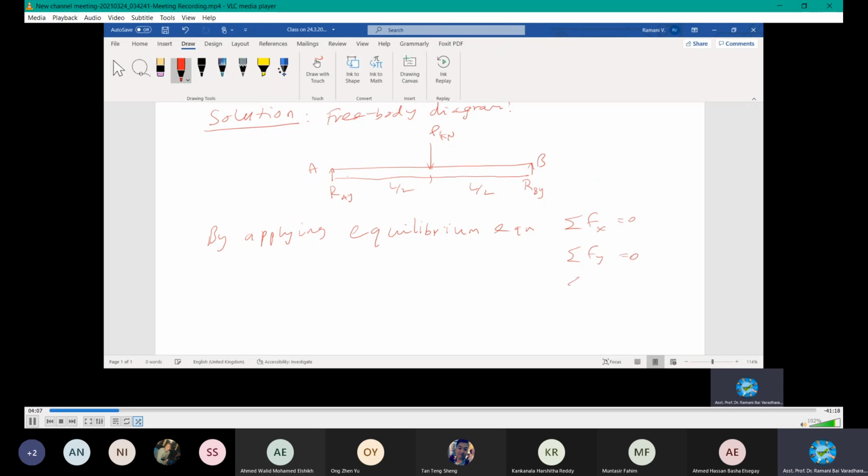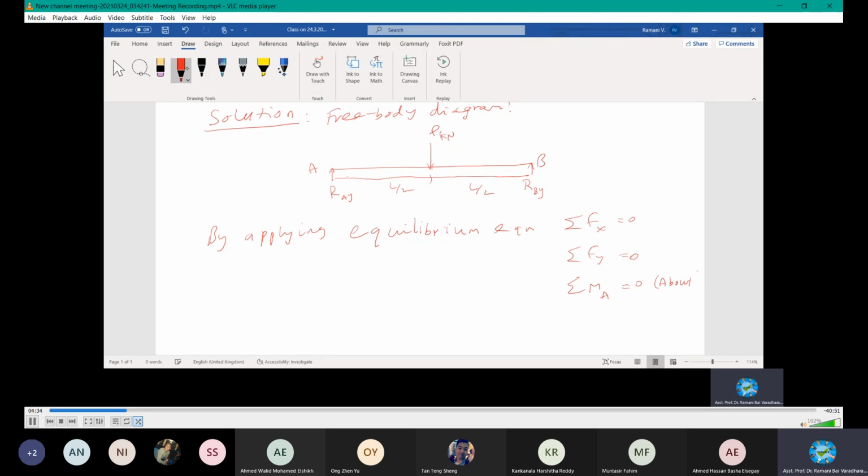So to do this, I take the bending moment about A or B, we can solve either way. Let's take about A, should be 0. This is important: about what you are taking the moment.